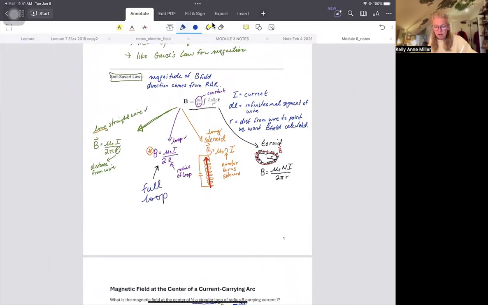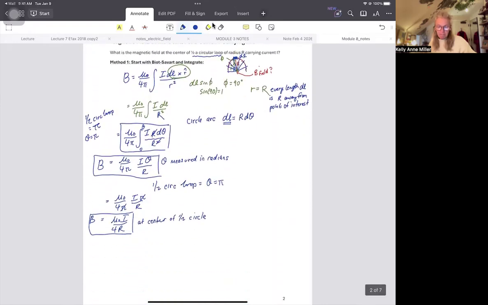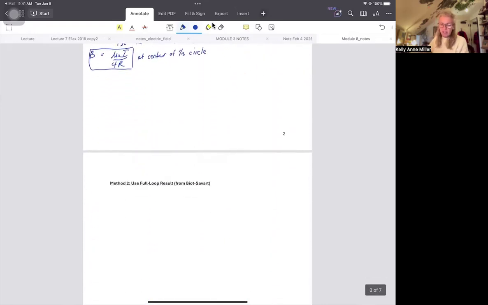It's kind of starting at this point, and then using the symmetry of the situation to find it for half of a loop. I think you're going to like this, it's a lot easier. You can say that the B field for the full loop is just equal to mu naught times the current divided by 2 times R, where R is the radius of the loop.